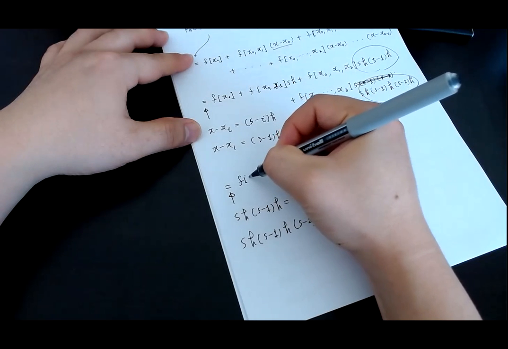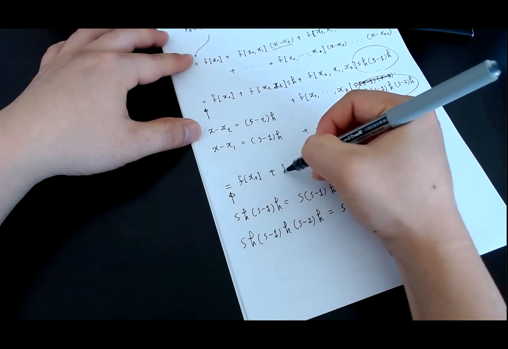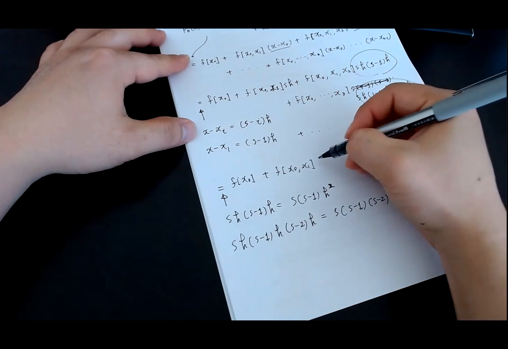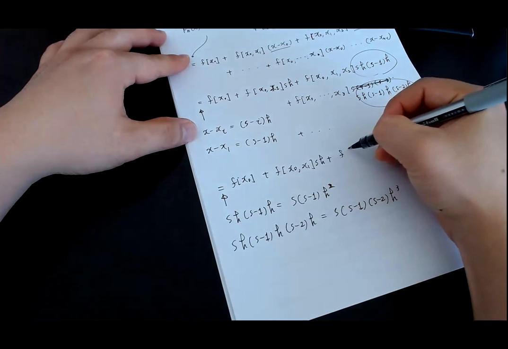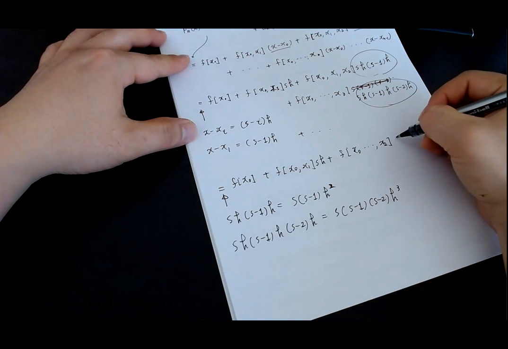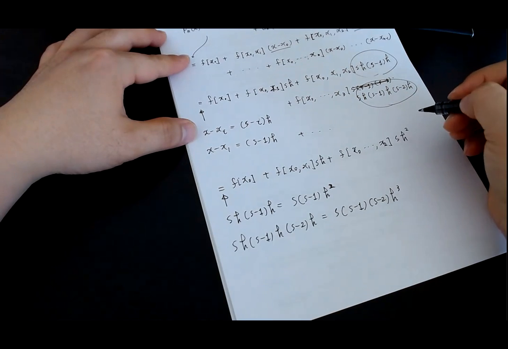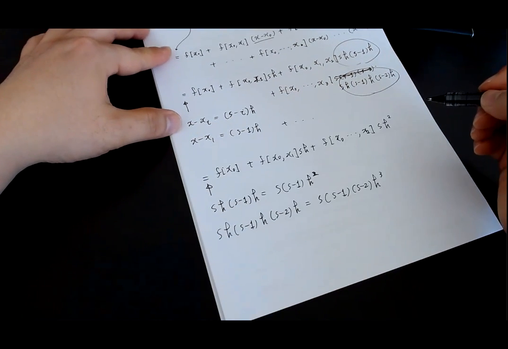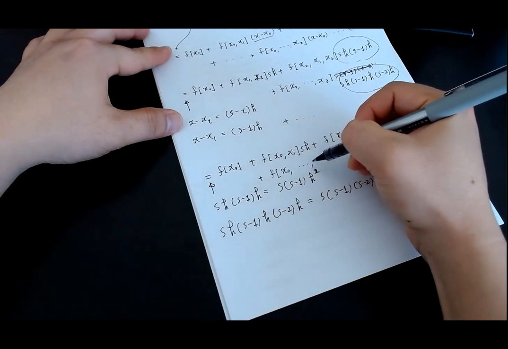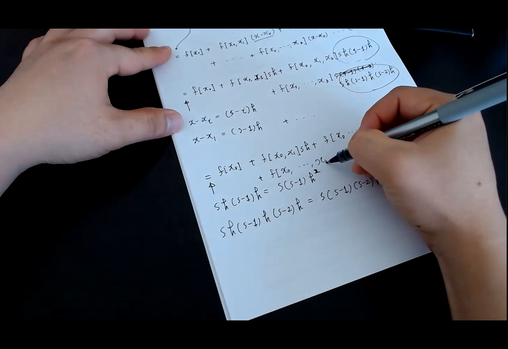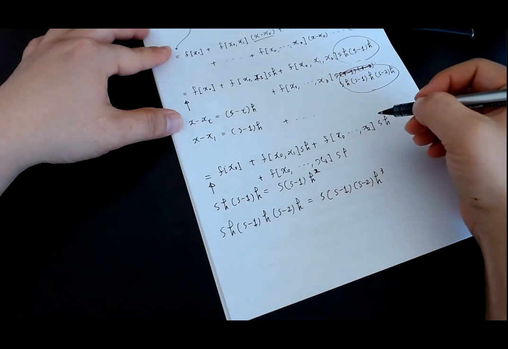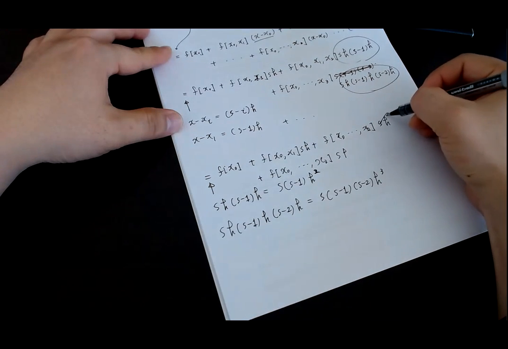f of x0 plus f of the divided difference of x0 and x1 times sh, plus f of x0 through x2 times sh squared. You see? And then plus the divided difference of x0 through x3 times, oh, I'm sorry, this is s, not sh squared.